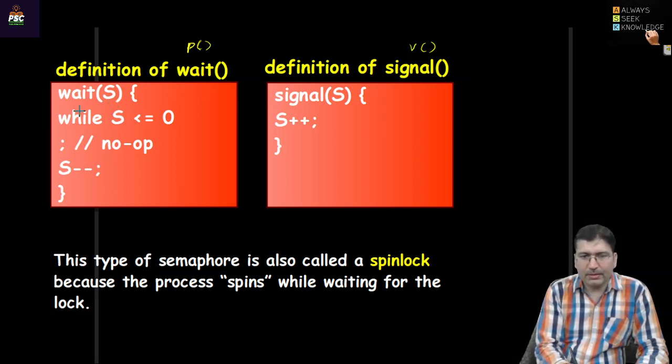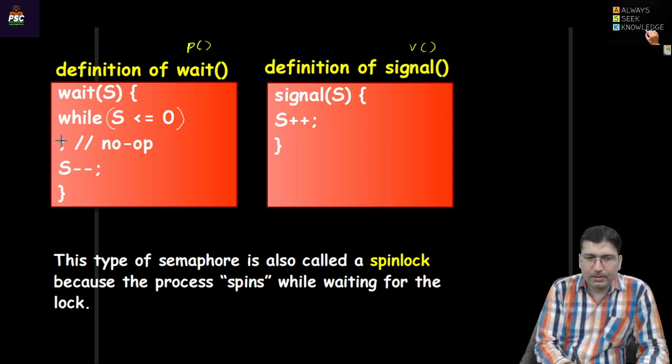Whatever value it has, if we apply the wait operation on it, first this particular condition will be checked: if the value of S is less than or equal to 0. In case S contains a value less than or equal to 0, this while loop does not contain anything, only one semicolon, right? So there's nothing to do.